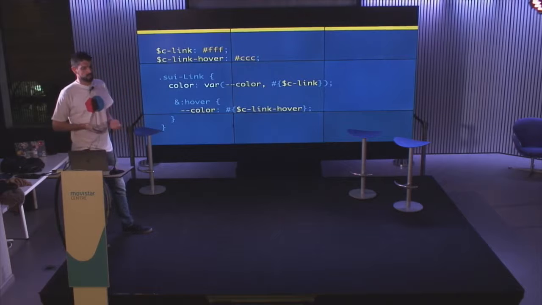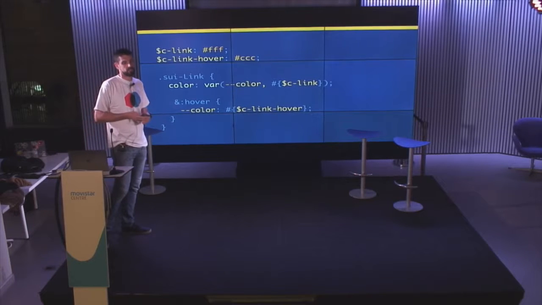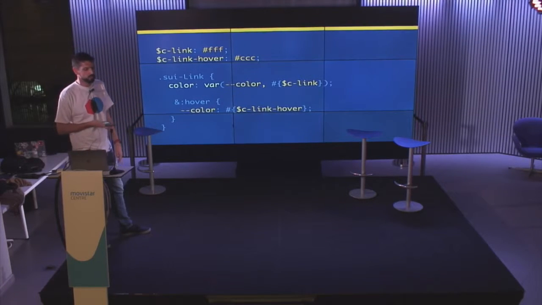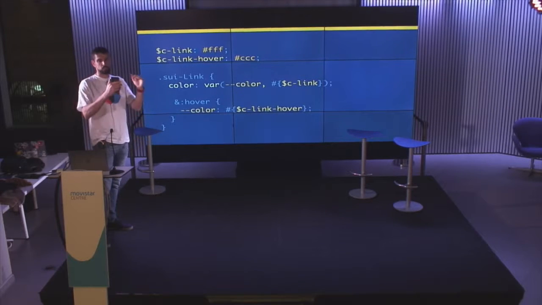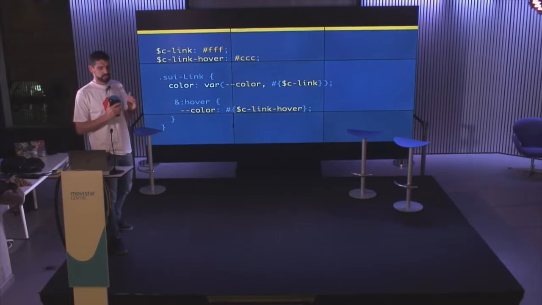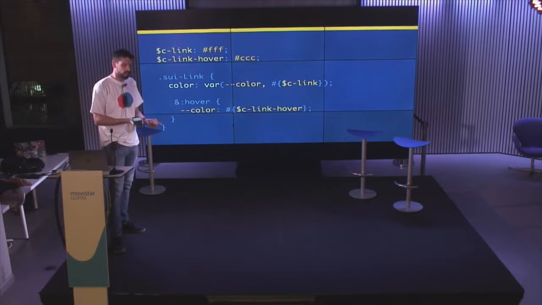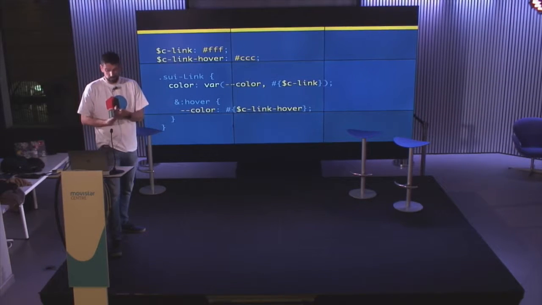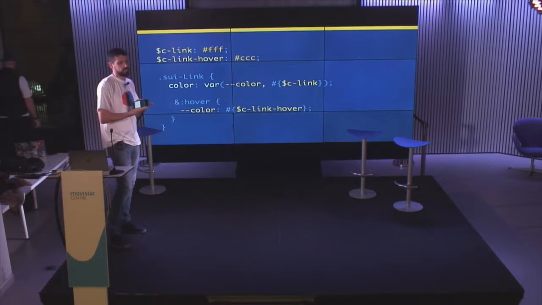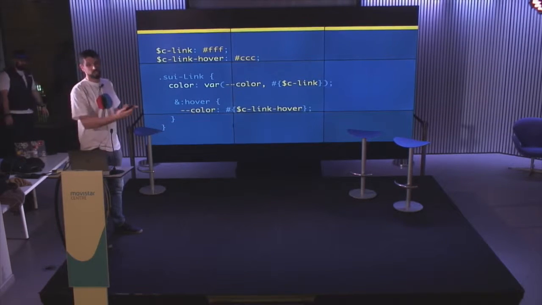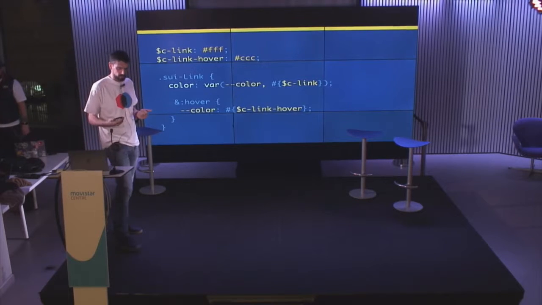In this case, we can have a color set for links and for how it shows when there is a link hover. So we can put it in a SASS variable. This will be a static variable that won't change in the runtime process.